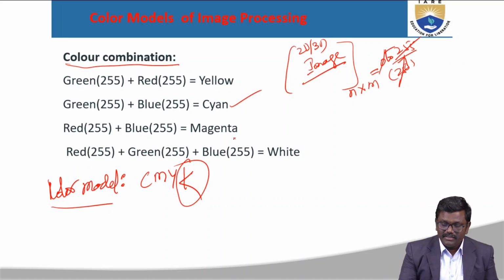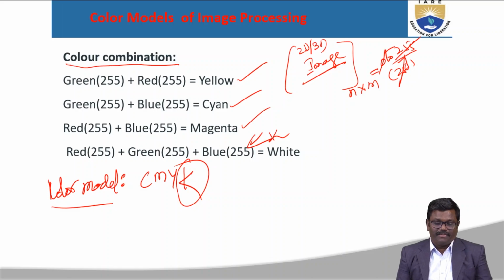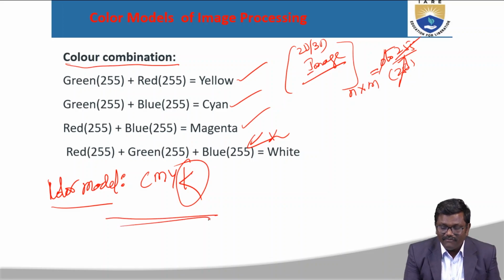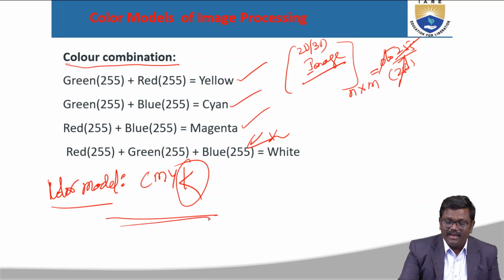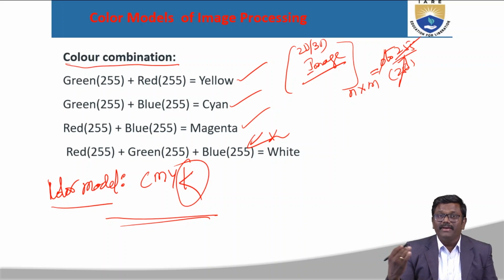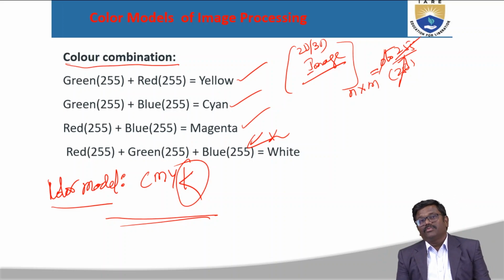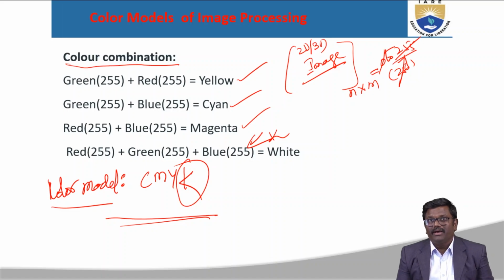C means cyan, M means magenta, Y means yellow, and K is the additional parameter. How do we convert to this model with the help of RGB? From the primary colors only, we prepare the required color combination model.